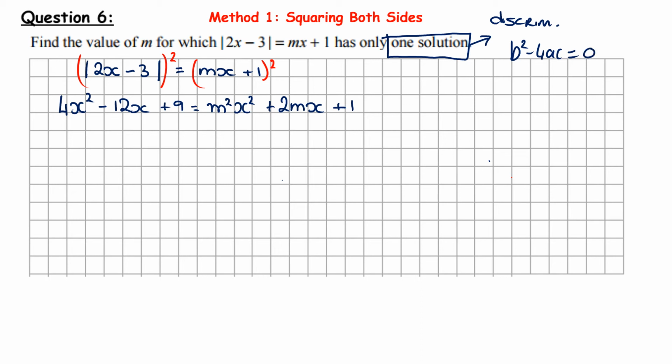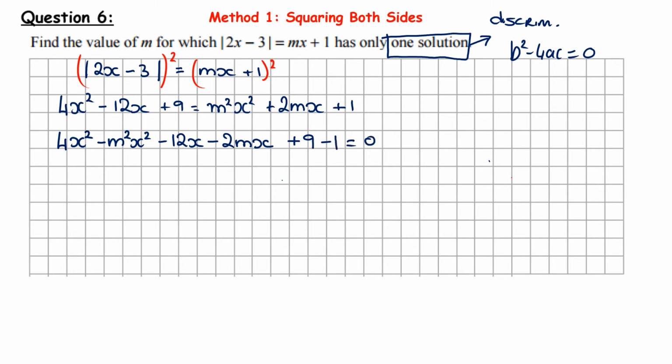So in order to use that, we're going to have to get it into a quadratic in a form we can work with. So we're going to have 4x squared, and we're going to bring the other x squared across, minus m squared x squared, minus 12x minus 2mx plus 9 minus 1 equals 0.